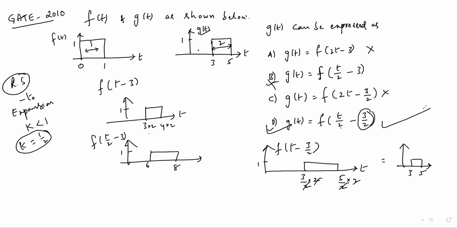Next, one more problem, write it. A GATE 2011 problem. I'll go to the next page. It is by using impulse signal properties he has given.